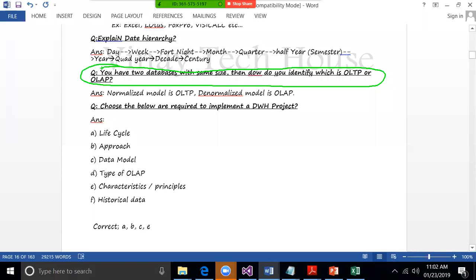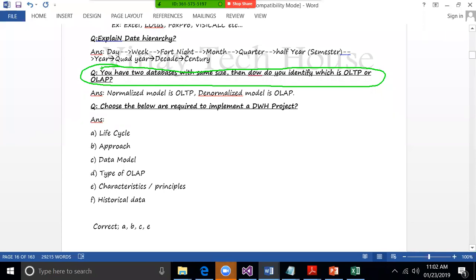So here OLTP, you want to say it should be normalized, and OLAP it should be denormalized. Denormalized are OLAP systems, normalized are OLTP systems. One of my friends was unable to answer and he lost the interview as well, with a simple question.